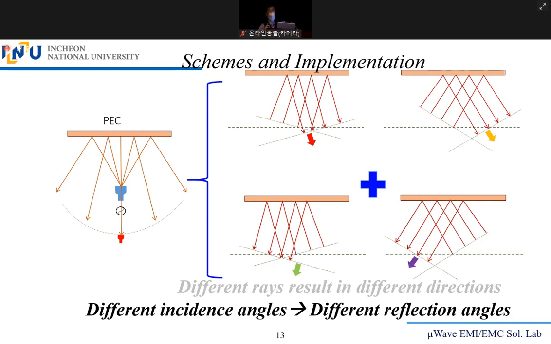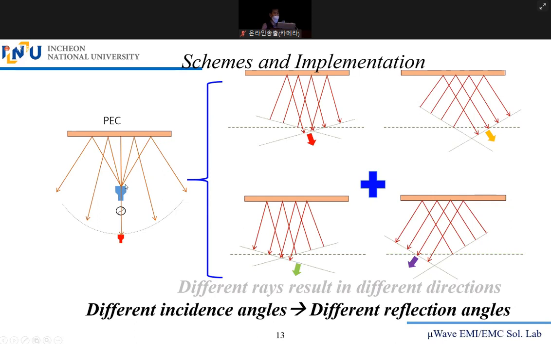Meta means artificial. So it is an artificial material. So don't have the confusion between meta surface and metal surface. Meta surface uses metal surface too. But here, this is solid PEC or metallized or metal plane, 금속판.